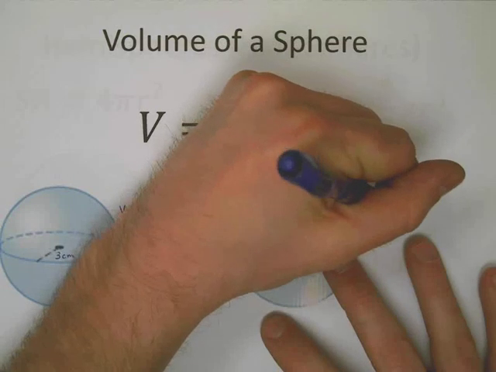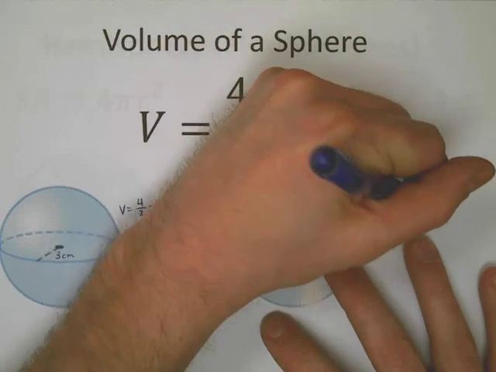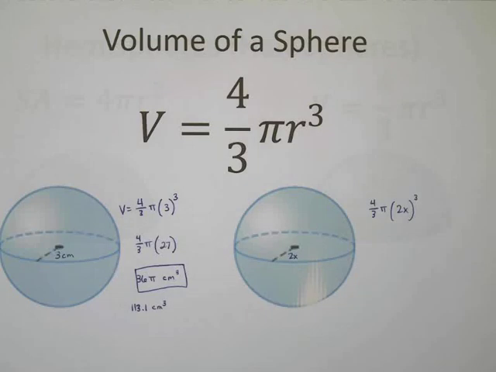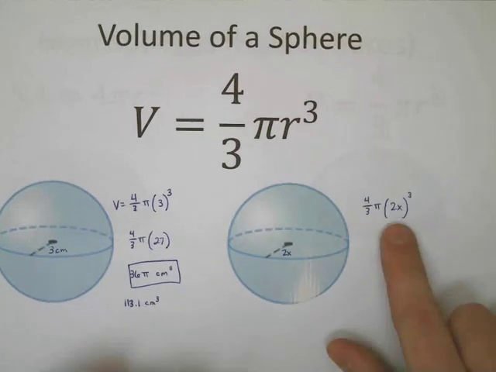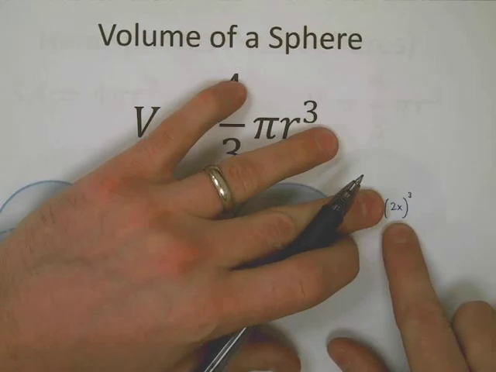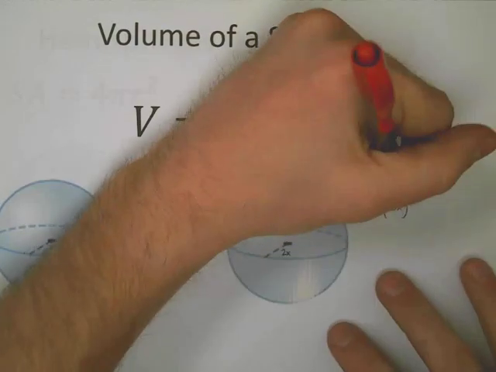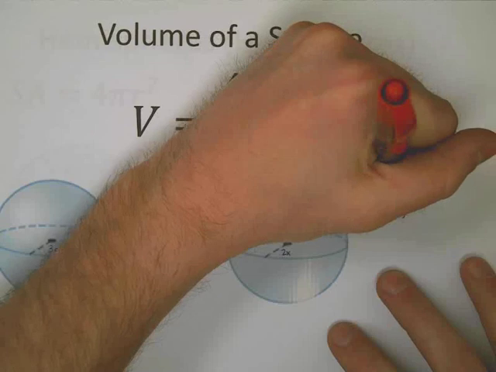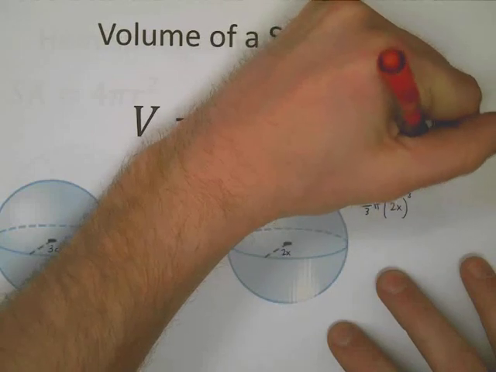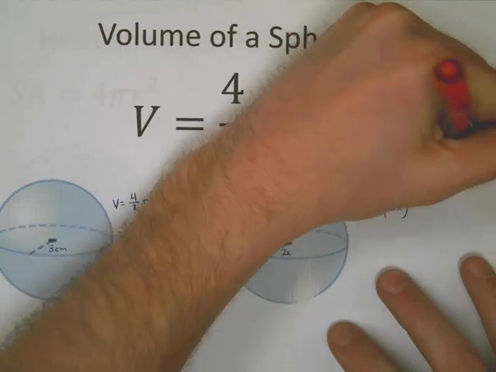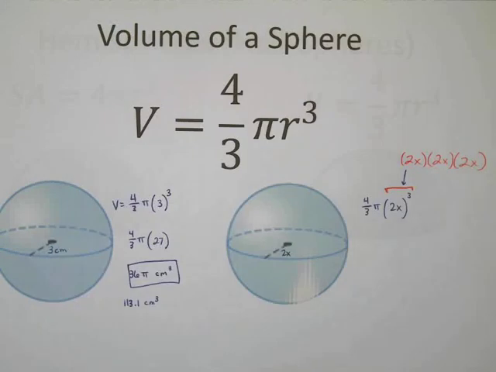This time I'm going to take 4/3 pi times the 2x cubed. Okay, this statement right here, the 2x being cubed, means that I'm going to multiply. You know, in fact, let's use a different colored pen. This part right here that I'm looking at means I have 2x times 2x times 2x.